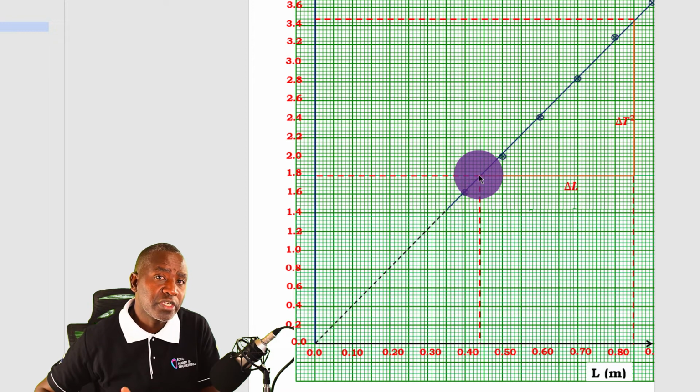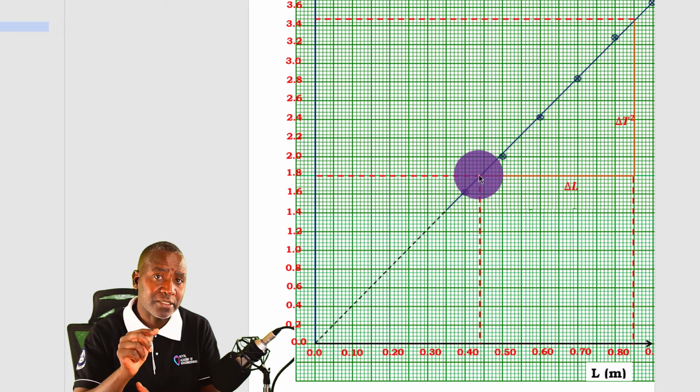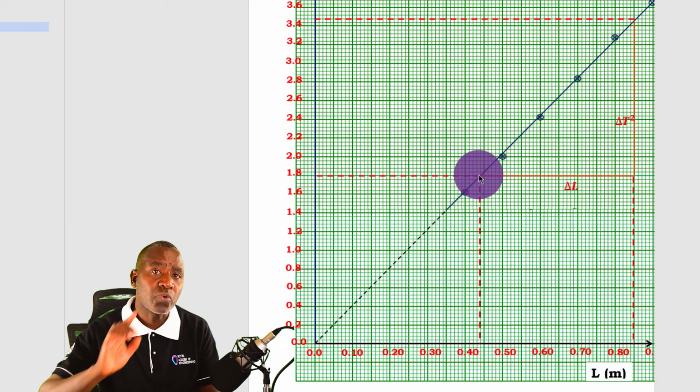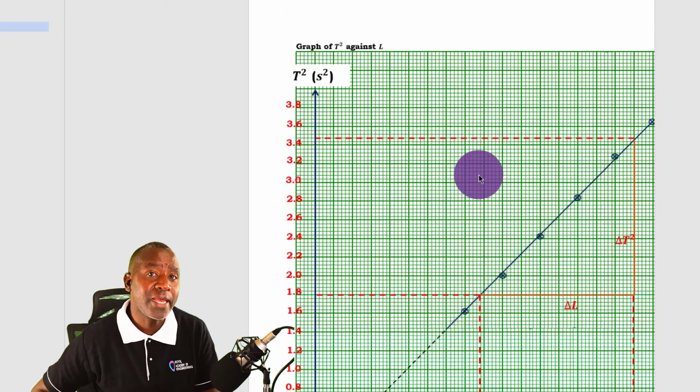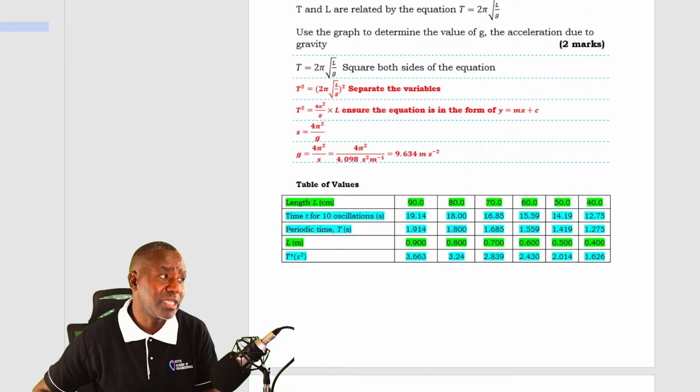So this one is no different from what you do in mathematics. Delta y over delta x. Only that delta y becomes delta t squared, and delta x becomes delta L. That is what we have. So delta y should be delta t squared, over delta L.